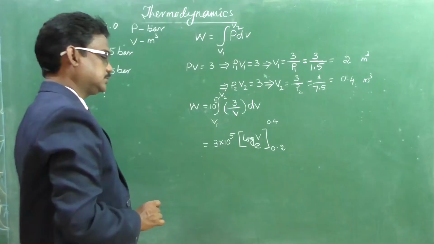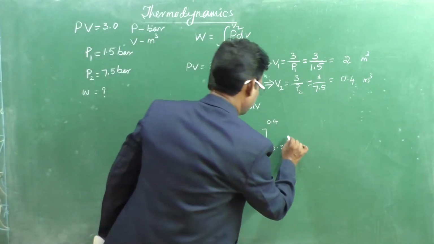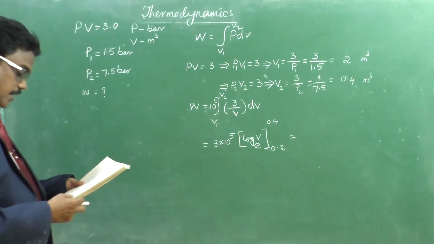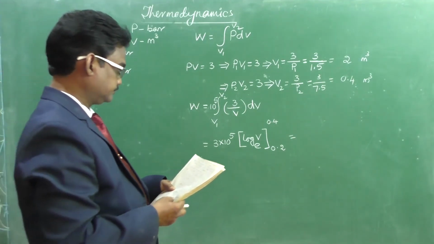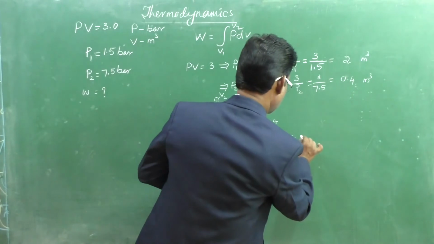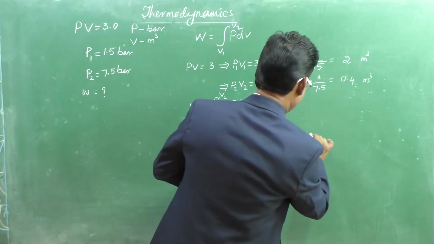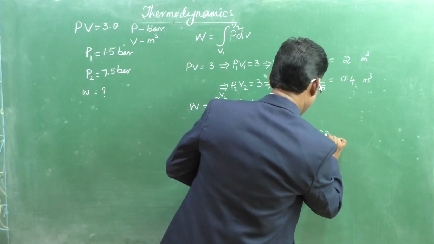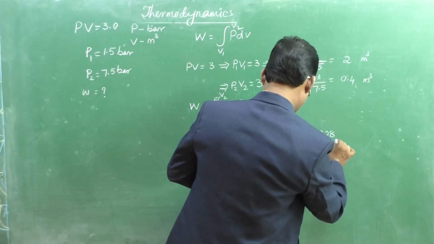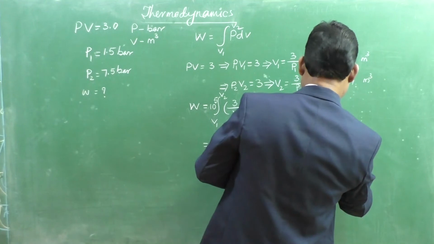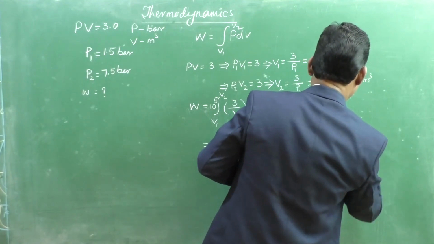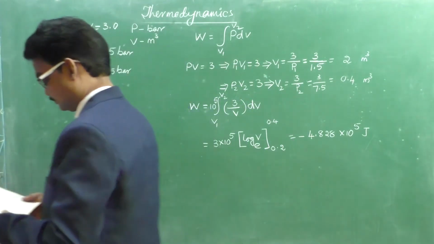After the integration and substitution of these values, the final answer will be minus 4.828 into 10 to the power of 5 joules.